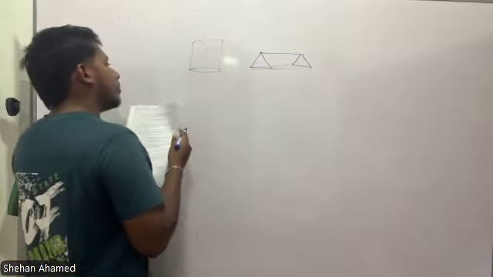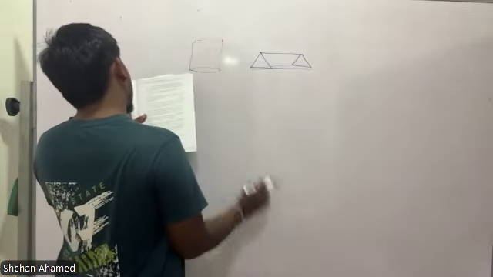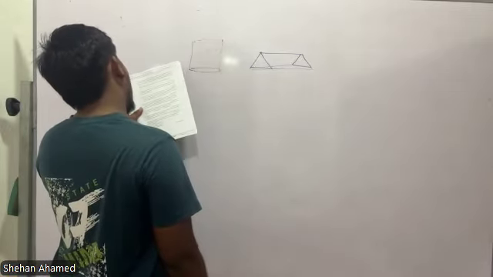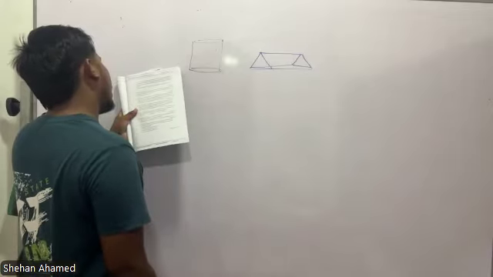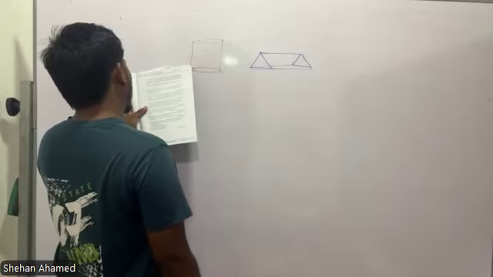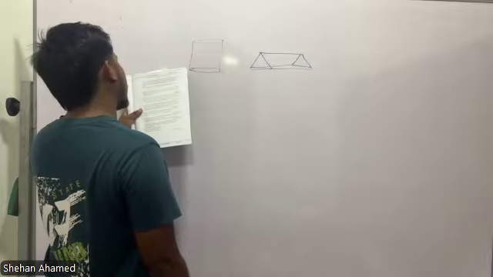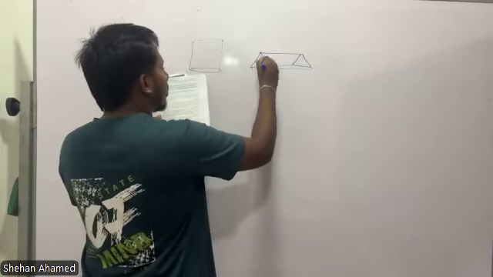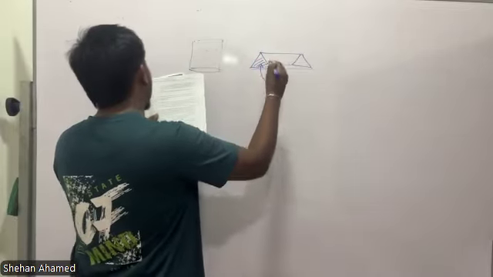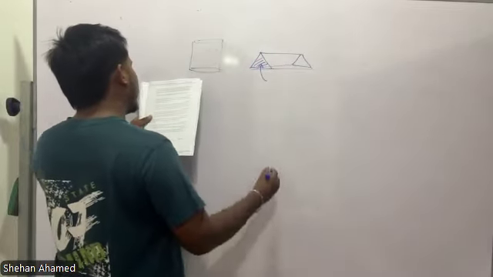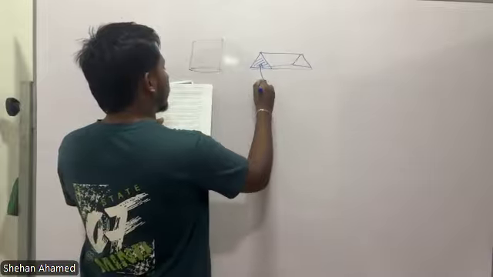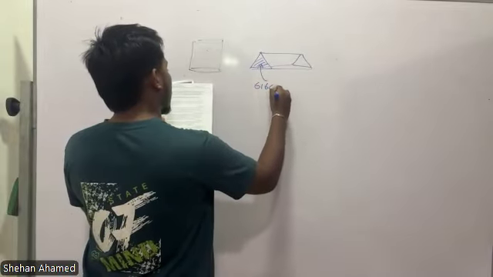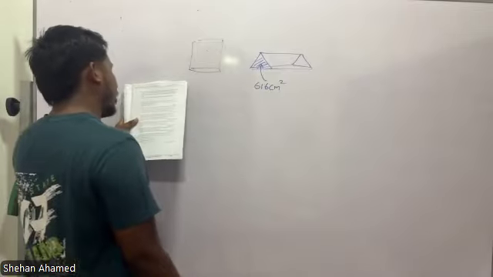Okay. Now, they are telling the area of the triangular cross section of a right prism is 616 centimeters square. Now it means they are giving us the area of the cross section of the prism, which is 616 centimeters square. Right?